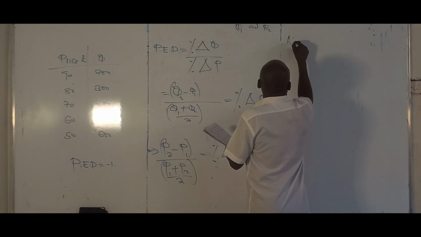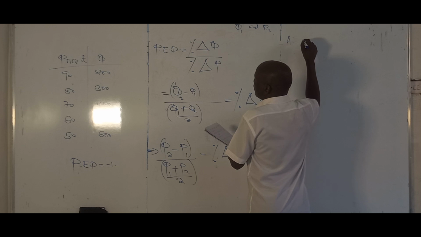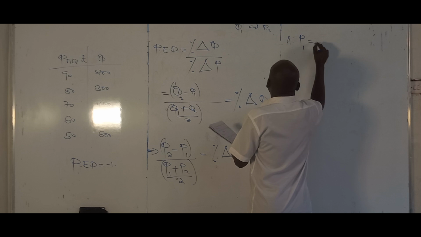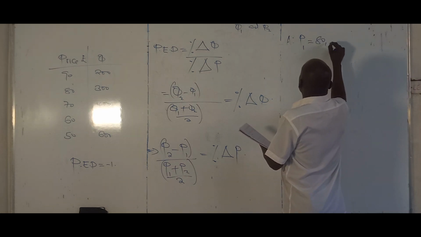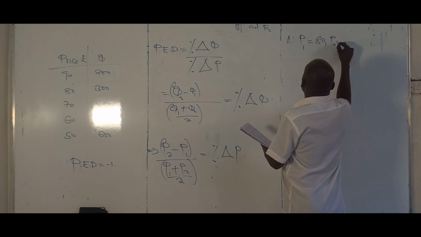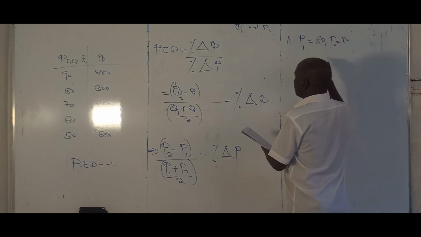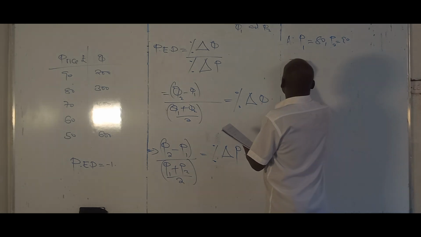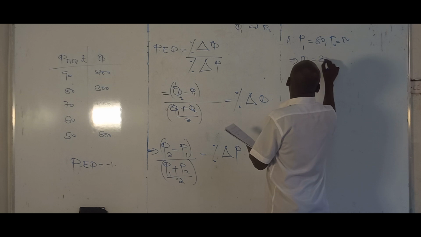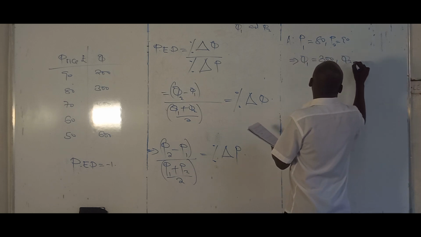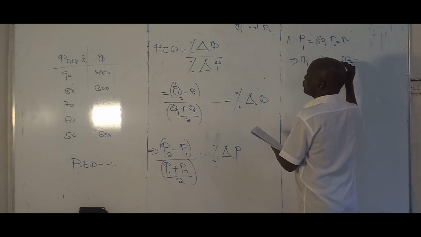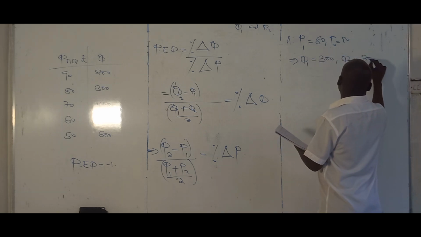So A considers P1 equal to 80 and P2 equal to 90. That implies that Q1 is 300 and Q2 is 200.